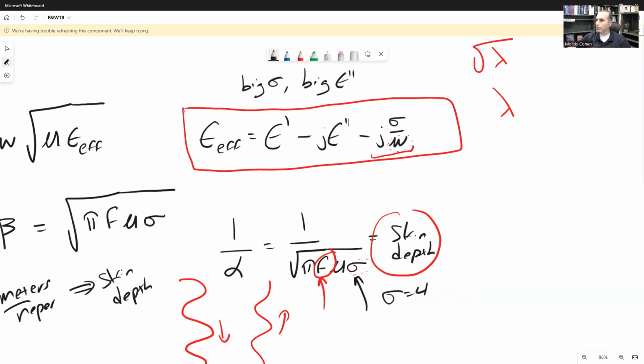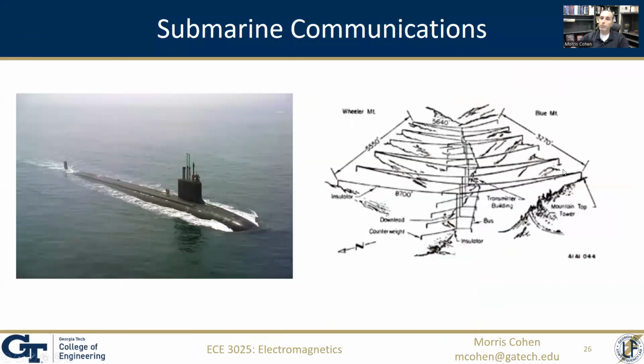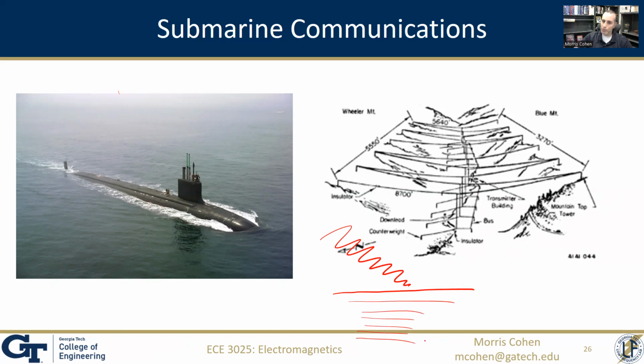And that can be very useful for certain applications, in particular submarine communications, which is primarily done with very low frequency waves down in the tens of kilohertz range. And the idea is you've got seawater, and you've got a radio wave here at, let's say, 30 kilohertz. Seawater is still a good conductor, but you have a big enough skin depth that it's going to penetrate far enough beneath the surface that your little submarine down here, tens of meters down, can listen into those signals without having to surface. And this is actually the state of the art for how submarine communications is done, and it's been this way for many decades now.